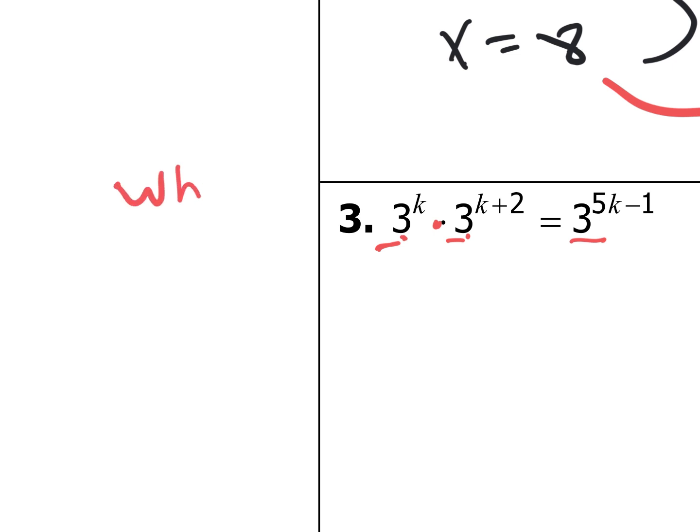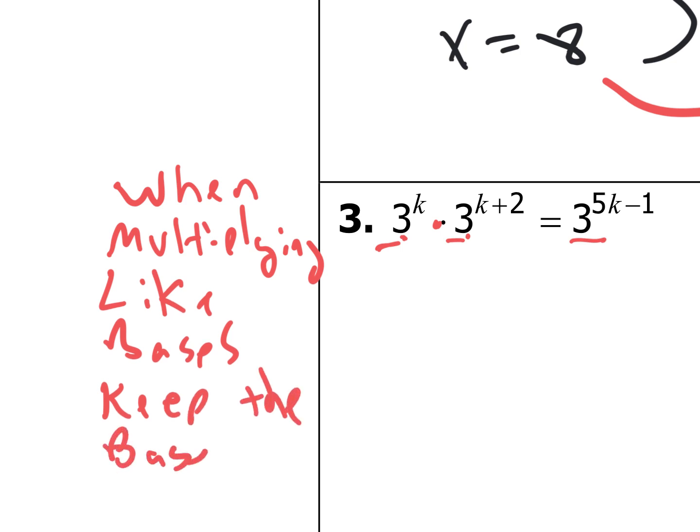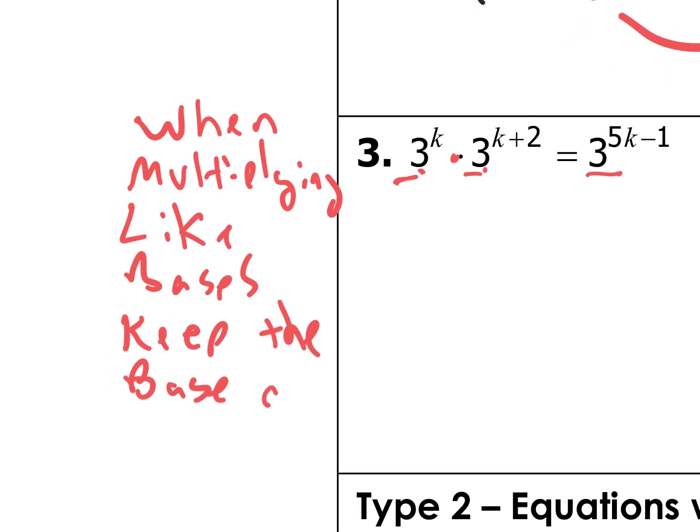You should write it down. When multiplying like bases, here's what we do. We keep the base and add.